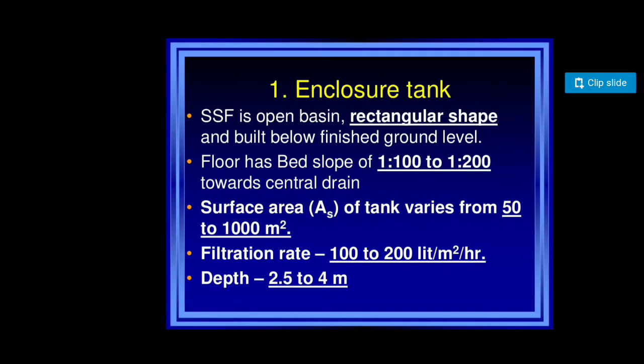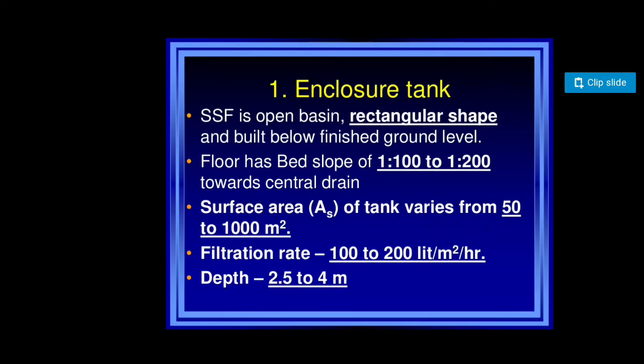For example, if a place requires, let us suppose, 1250 meter square surface area for the maximum hourly demand, then we do not provide one chamber of 1250 meter square, but we provide 5 similar basins, and one basin on standby, so we provide 6 chambers of 250 meter square surface area each, right.